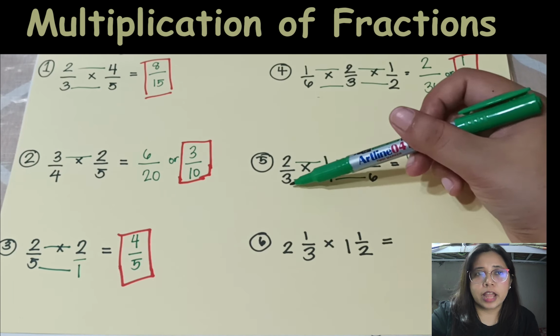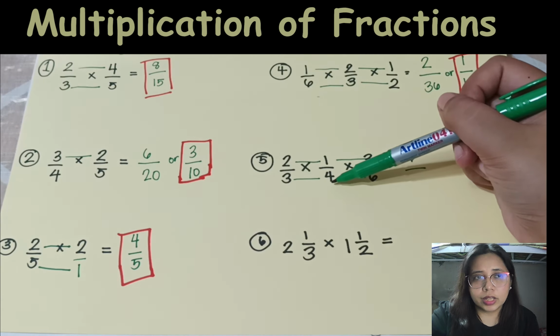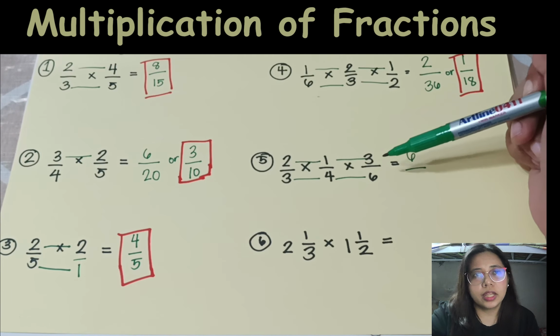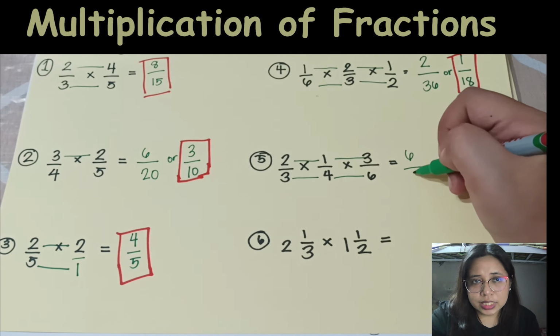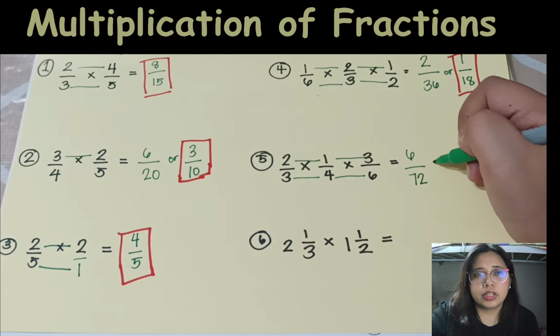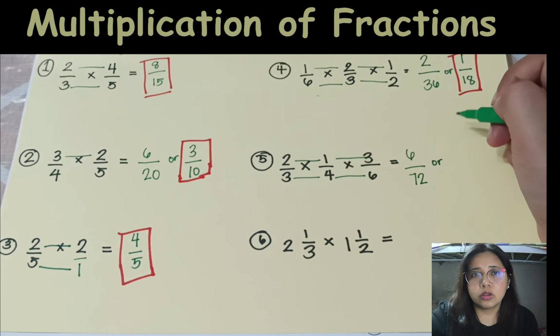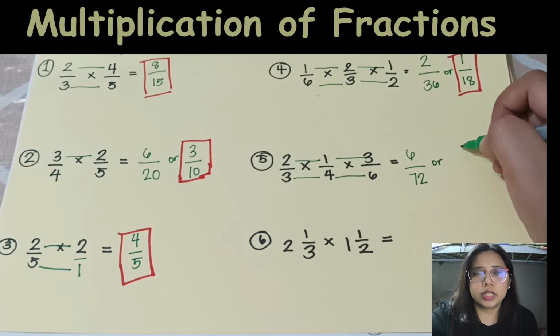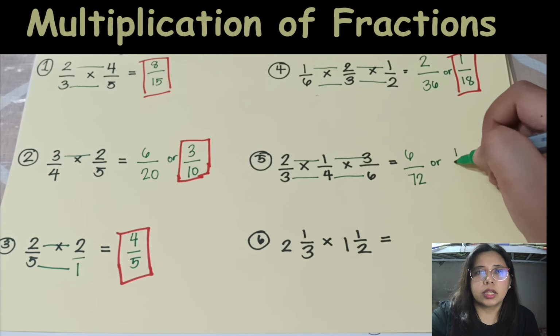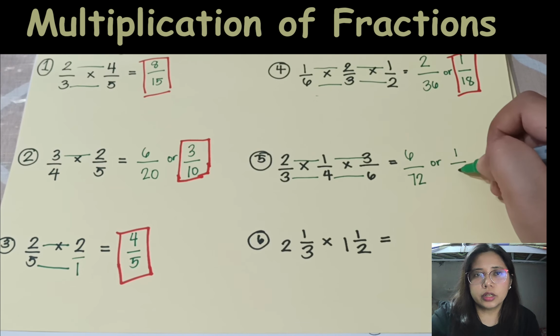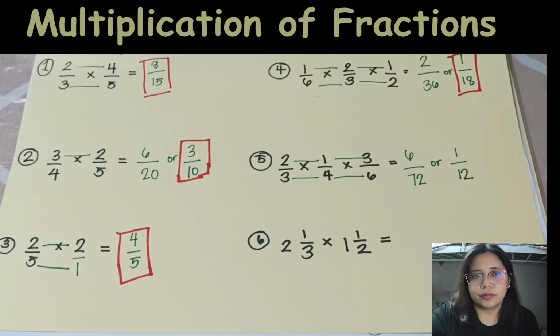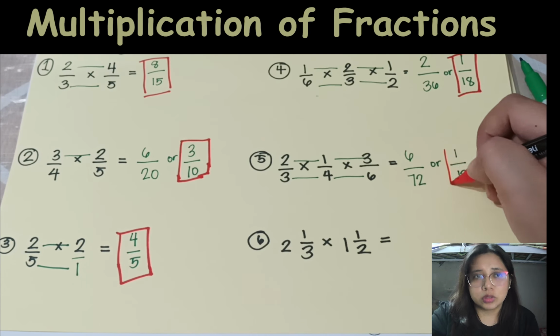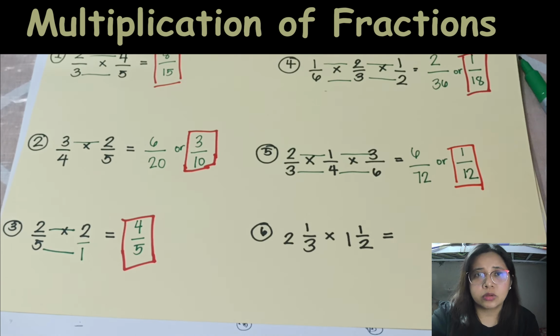And then 3 times 4, okay, that is 12. Okay, 12 times 6, and we get 72. Convert natin sa lowest form, and we will get, okay, 1 over 12. Okay. So, ang final answer natin, 2/3 times 1/4 times 3/6 is equal to 1/12.